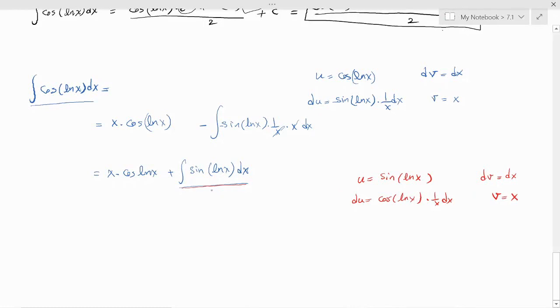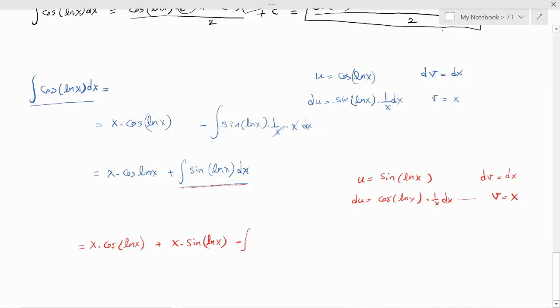We have the integral of sine ln x, which could be replaced by u times v, which is x sine ln x, minus the integral of v times du.